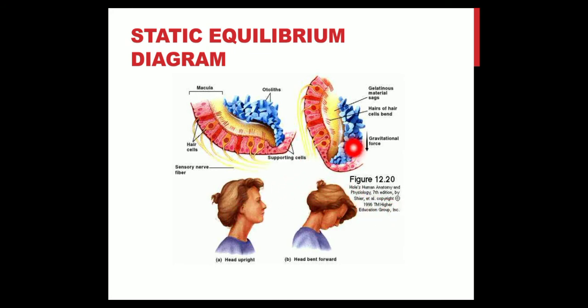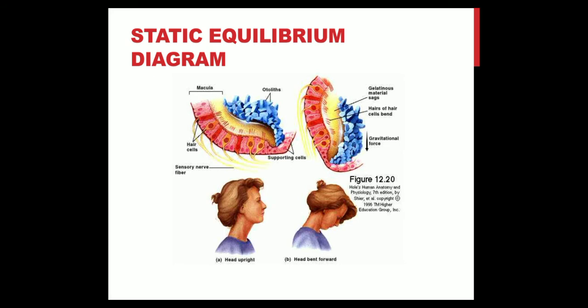The movement of these otoliths helps in detection, and according to their movement, particular signals are sent to the brain for interpretation, which enables us to find which position our head is in. This is the basic idea, the concept.